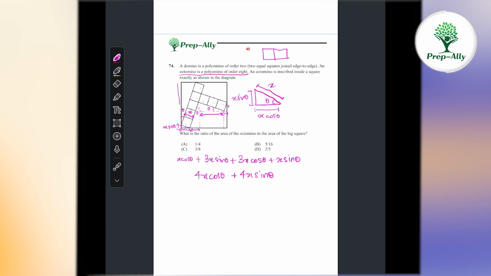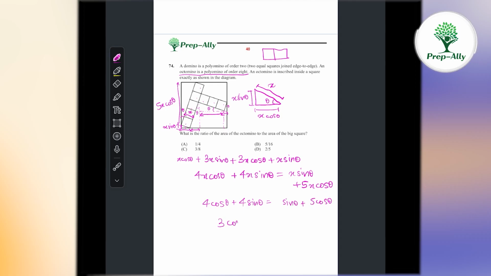So we have this length as 5x cos theta. So 4x cos theta plus 4x sin theta equals x sin theta plus 5x cos theta, right? And from here we get 4 cos theta plus 4 sin theta equals sin theta plus 5 cos theta.